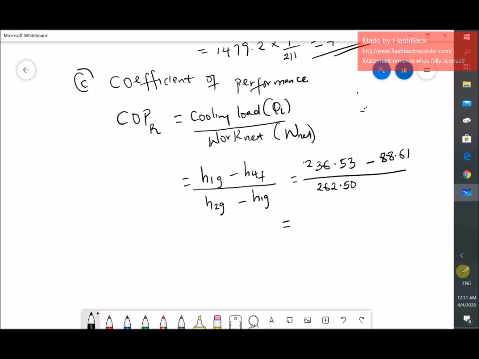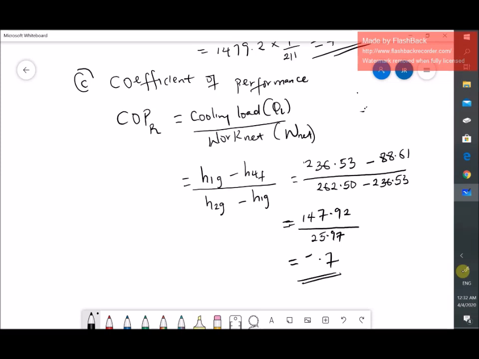When you subtract this, you get 147.92 divided by 262.50 minus 236.53, which gives us 25.97, and when we divide that we get 5.7.